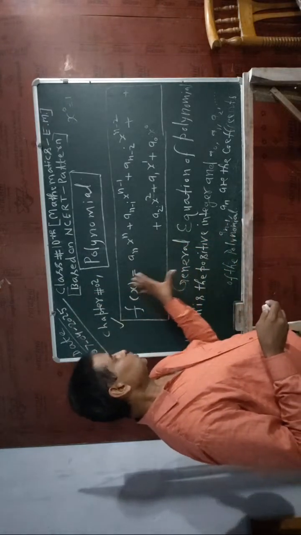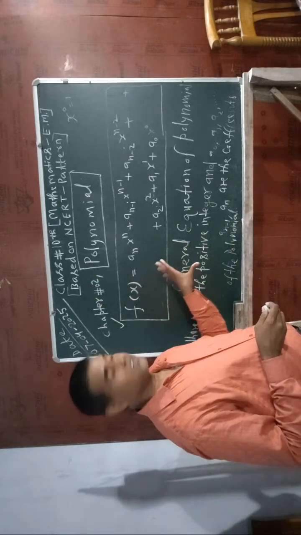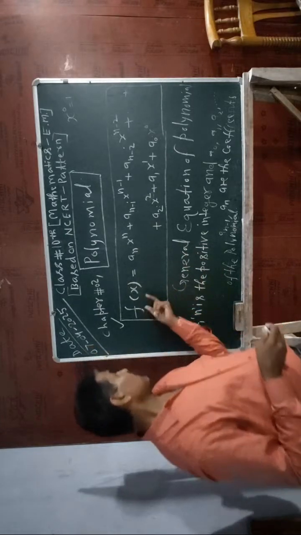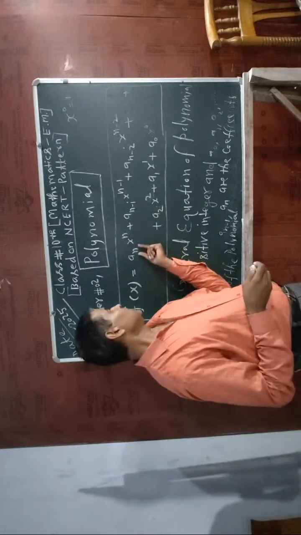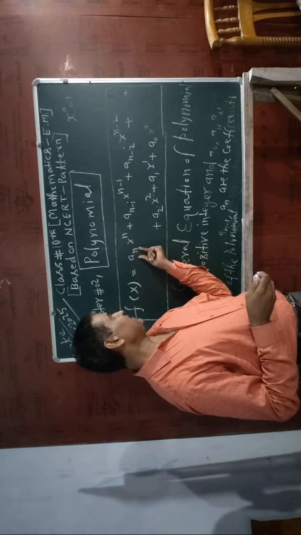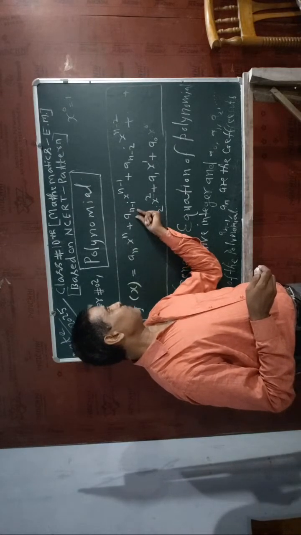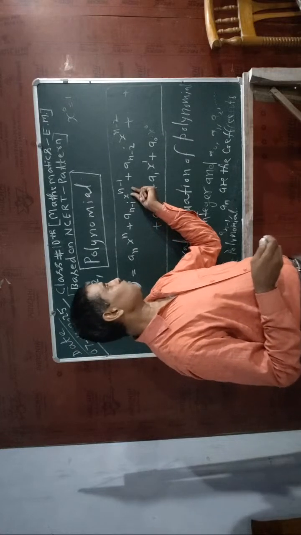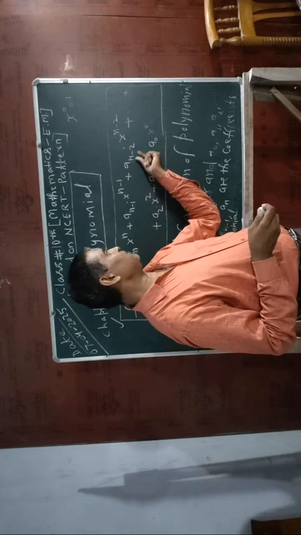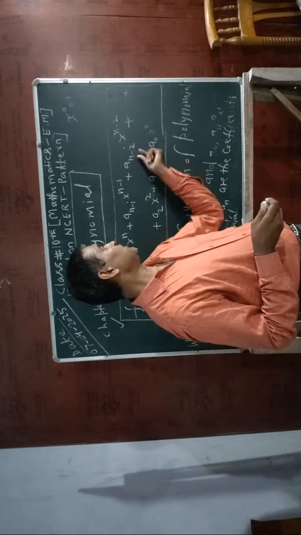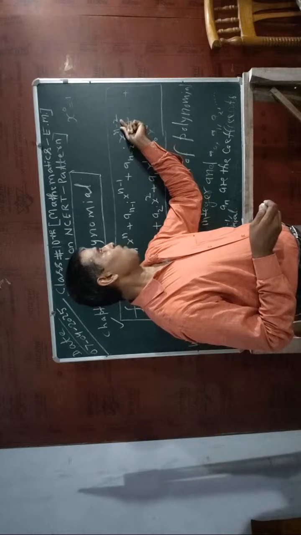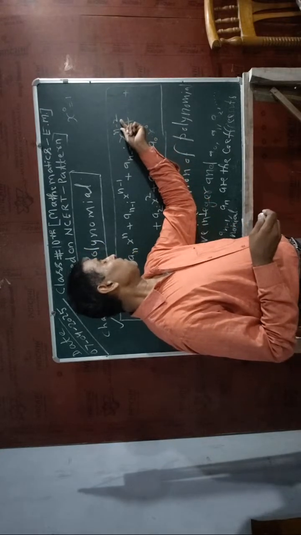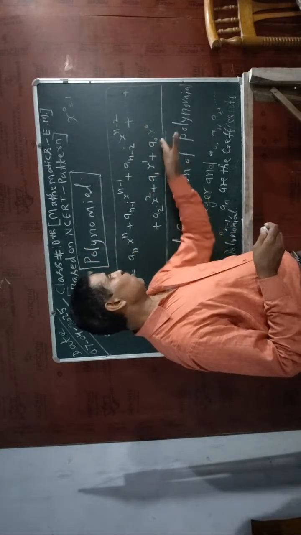Okay students, you already know this information, because on the left-hand side I have written f of x, and on the right-hand side I have written an x to the power n plus an minus 1 into x to the power n minus 1 plus an minus 2 into x to the power n minus 2. Here the pattern is the same, I will put the same kind of value on the power of x. This will go up to 0.